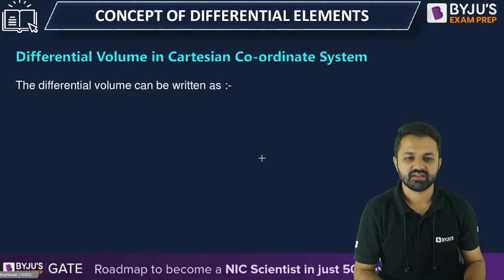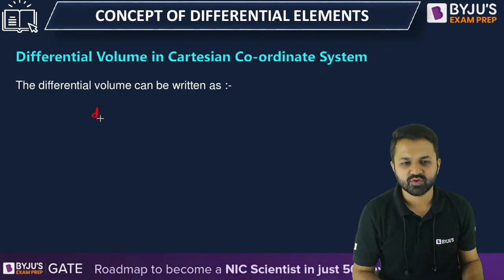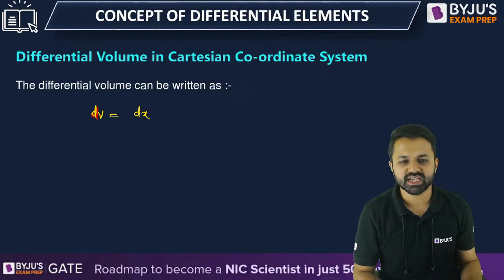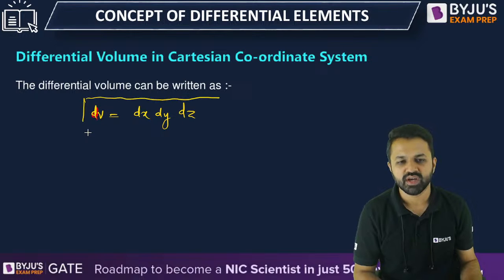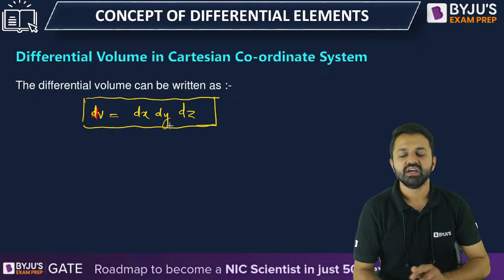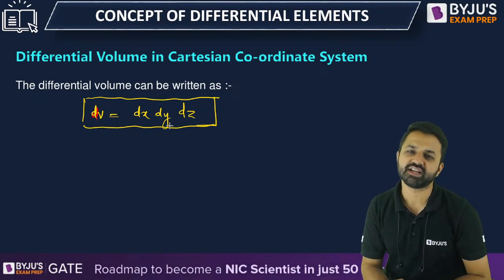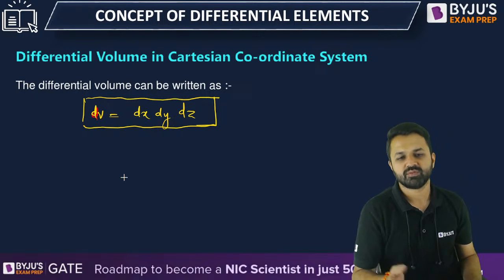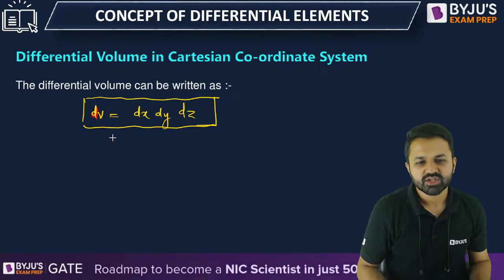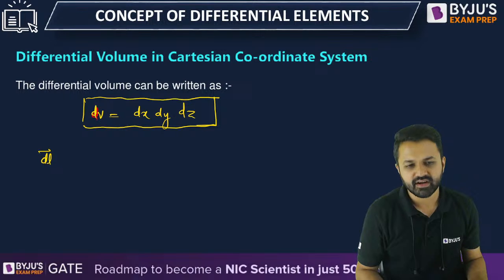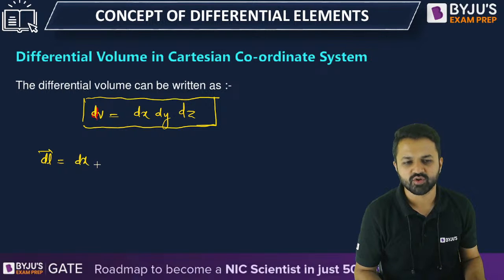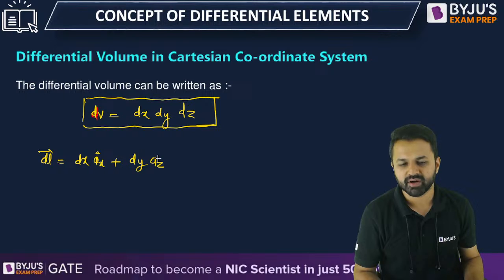Now, whenever you want to write the differential volume, just multiply all the differential elements you know in that particular coordinate system. So in the Cartesian coordinate system, what are the differential elements? dx, dy, dz. So multiply all of them. To write the differential surface and differential volume, you should remember the differential length.